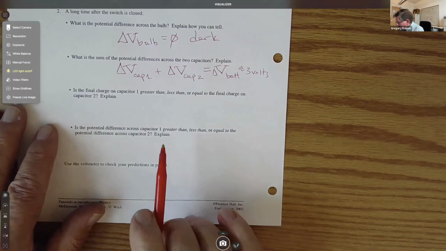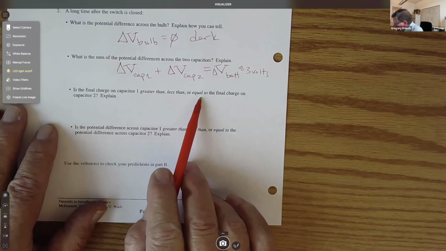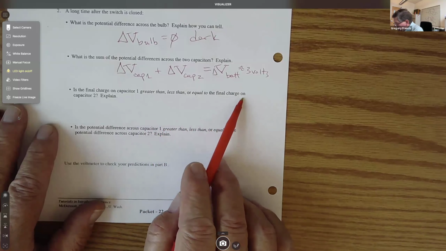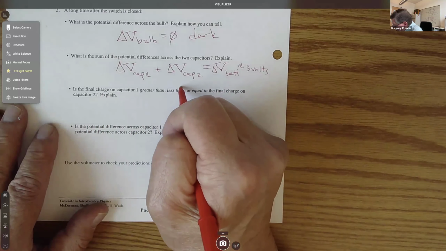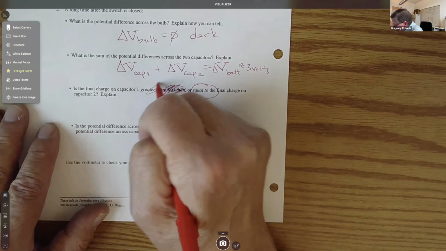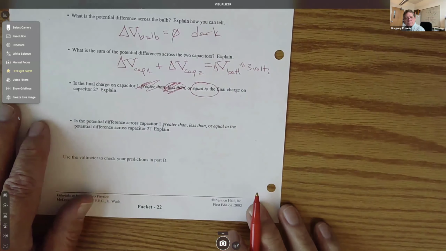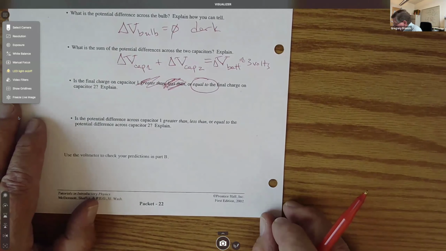Is the final charge on capacitor 1 greater than, less than, or equal to the final charge on capacitor 2? Well, we already argued that it's got to be equal, because the electrons are stolen from one and placed on the other.